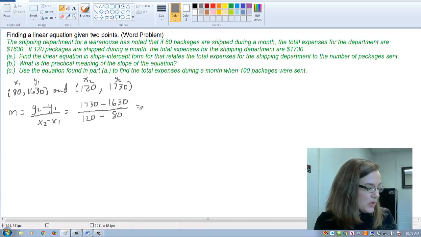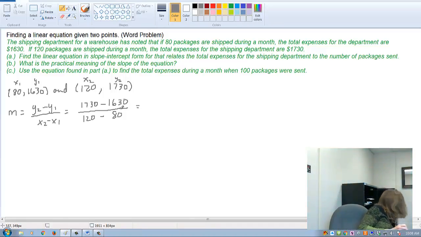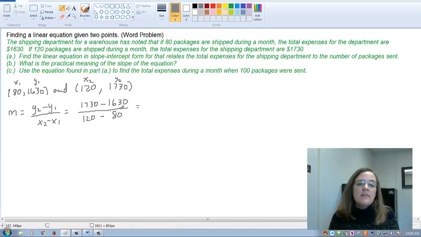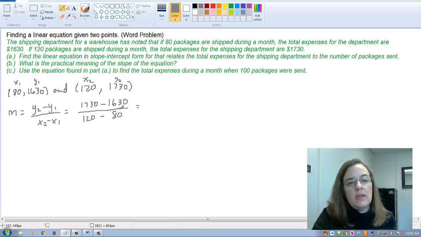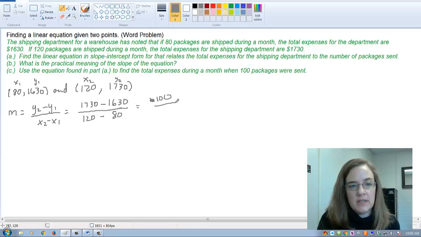Okay, so when we calculate this, put in your calculator, we've got 1730 minus 1630. That's not hard. But yeah, this is 100 over 120 minus 80, and that's not hard either.